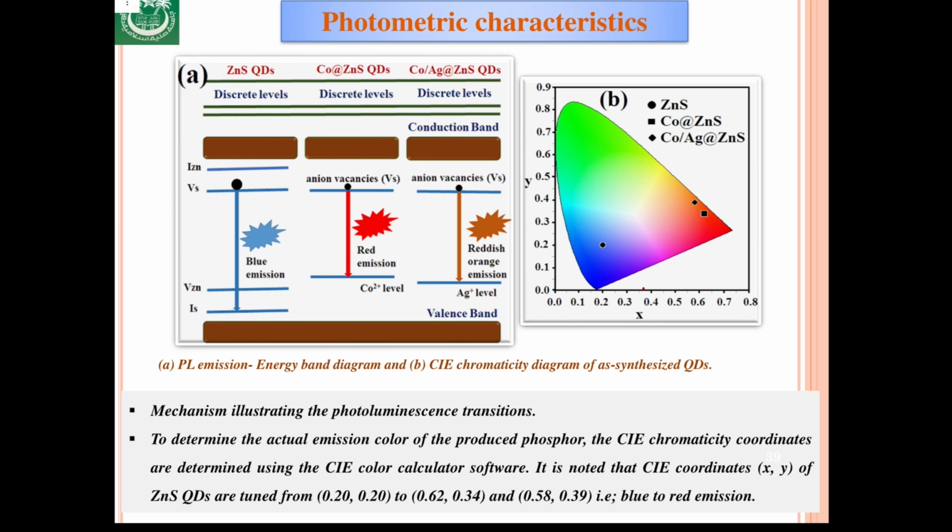Okay. So with this incorporation of cobalt and cobalt silver co-doping of zinc sulfide, it is possible to tune the emission color of the quantum dots from blue to red emission or to the reddish orange emission.